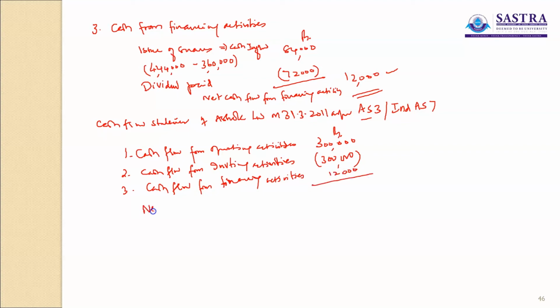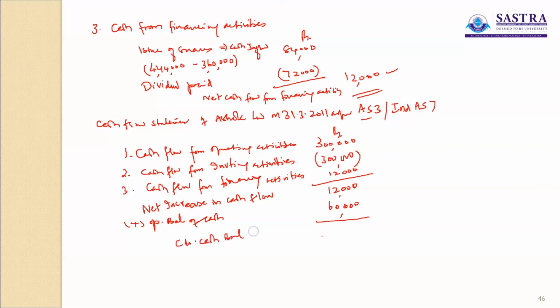So net increase in cash flow, rupees 12,000. With this, add opening balance of cash 60,000 and your closing cash balance becomes 72,000.